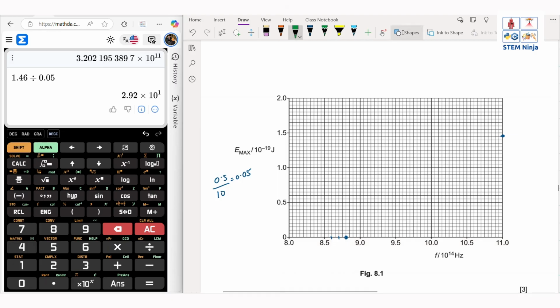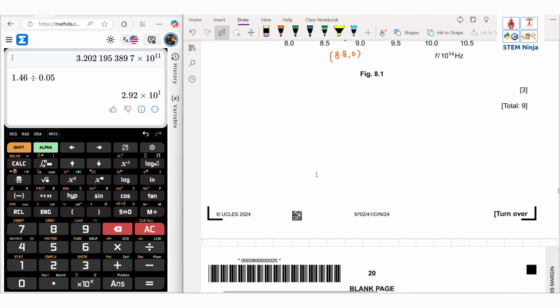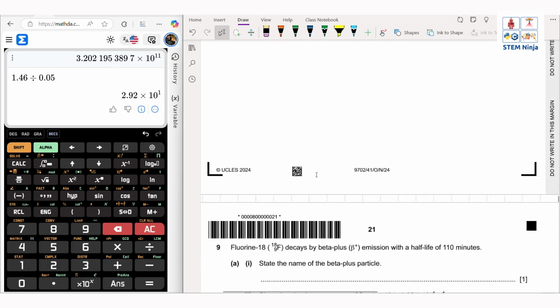So we just need to sketch between these 2 points. So you can mark up these points also: 1.46 and this one is 8.80. And that's about it. All right, moving on to the next question.